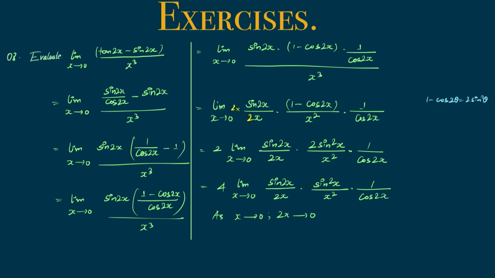And I can put the value of x as 0 in this expression. So it will be equal to 4 into 1 into 1 square into 1 by cos 0, and since we know the value of cos 0 is 1, there is no problem. So finally I'll get 4 into 1 by 1, that is 4. So the answer for this question is 4.